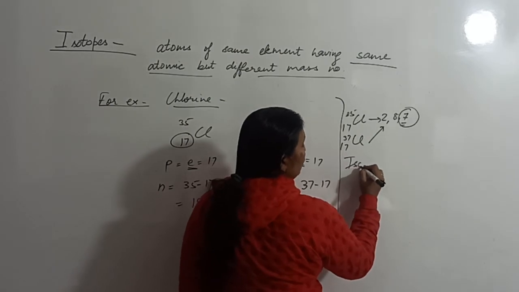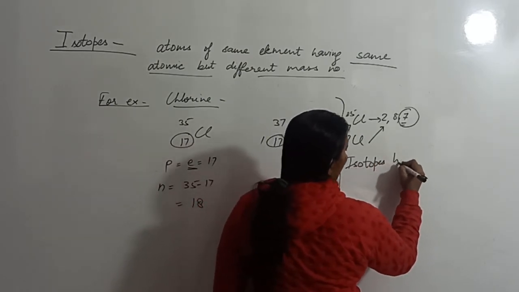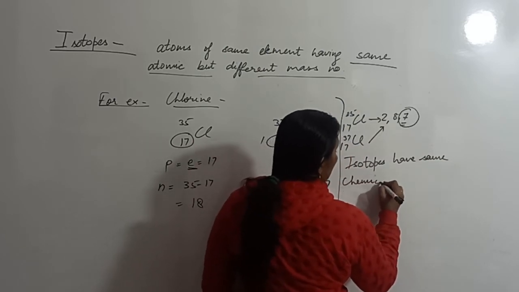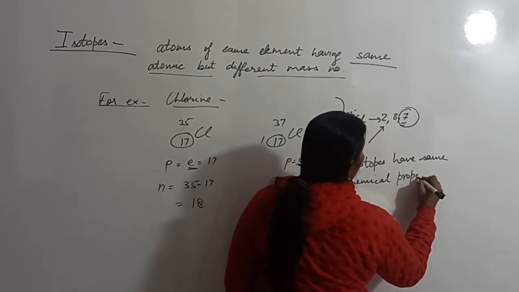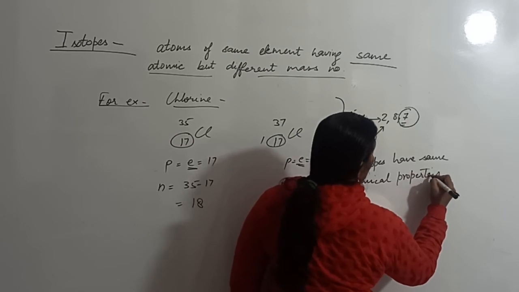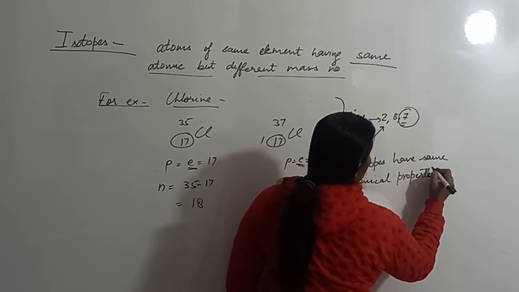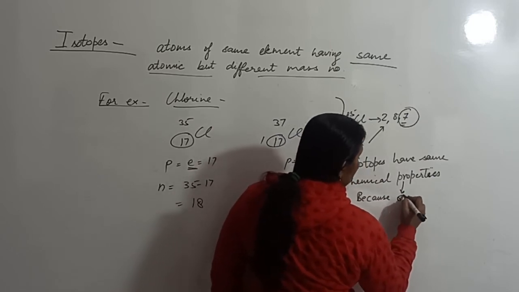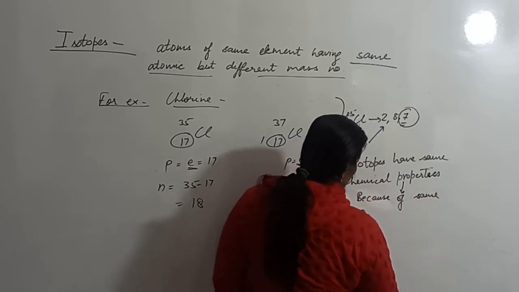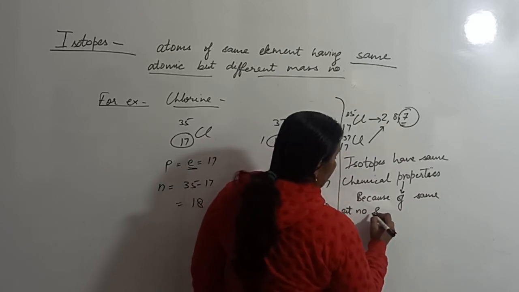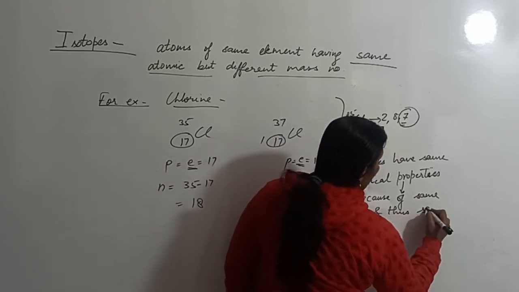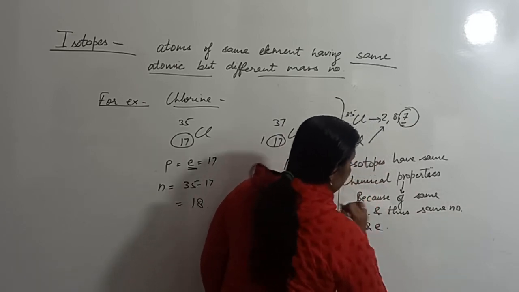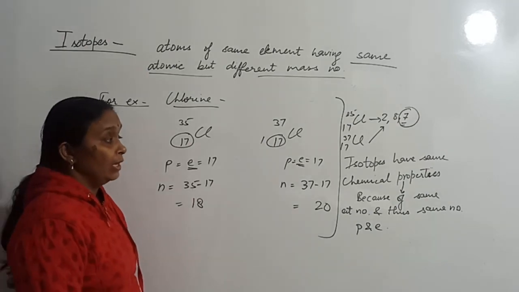That means isotopes have the same chemical properties. Why? Because of the same atomic number, and thus the same number of protons and electrons.